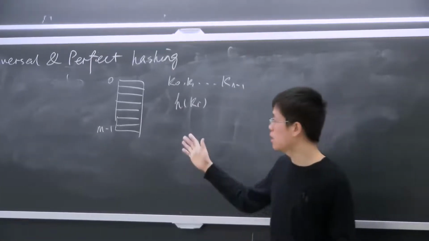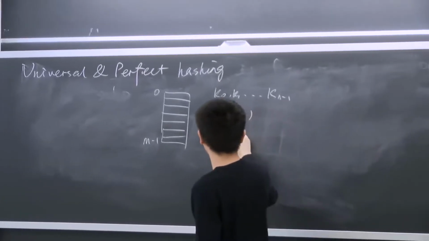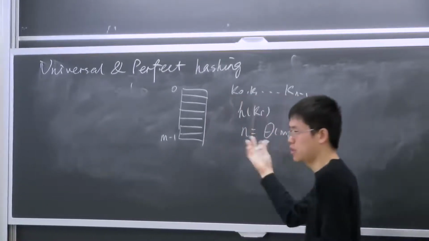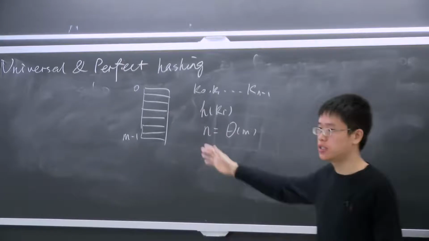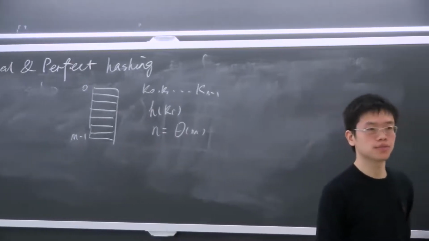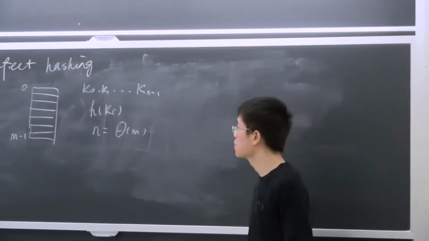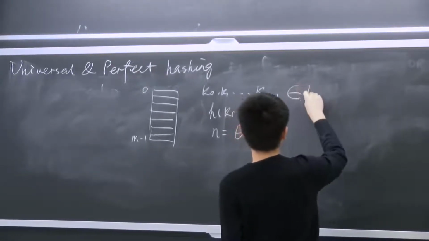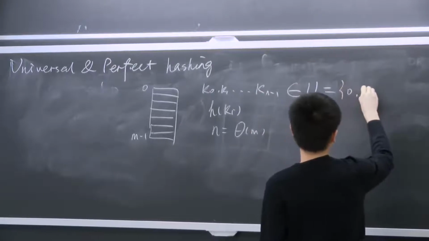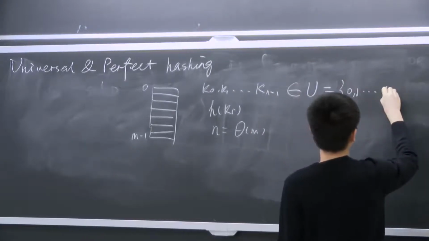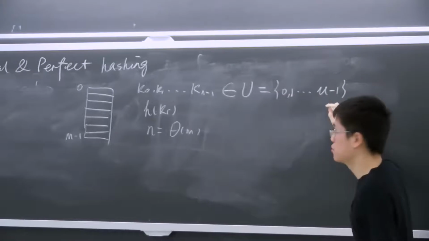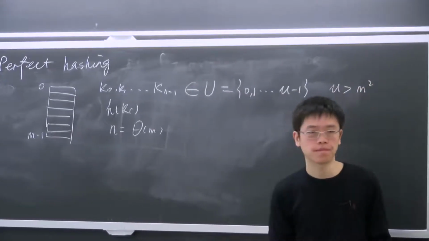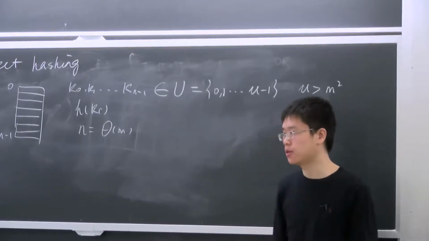The hope is that if n is theta m, or in the other way, m is theta n, then each bin should contain a constant number of keys. To complete the picture, all the keys are drawn from a universe of size u. This u is usually pretty large. Let's say it's larger than m squared, the square of my hash table size.